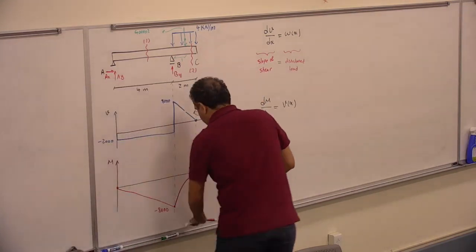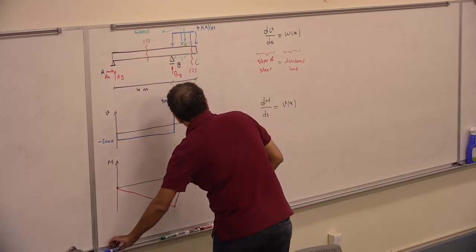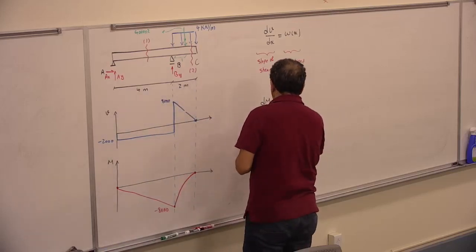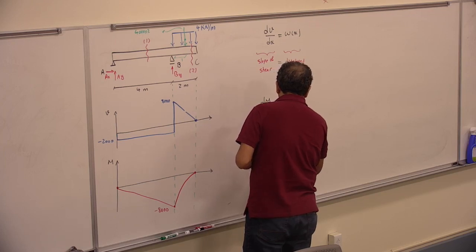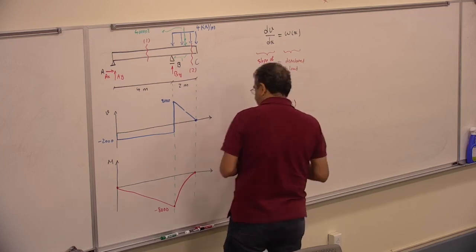So the slope of the moment is equal to shear.